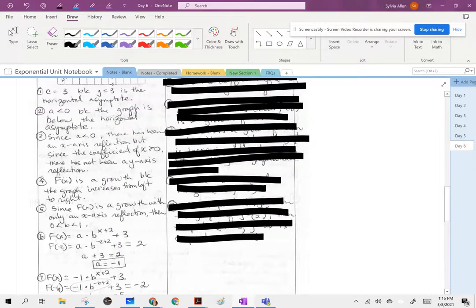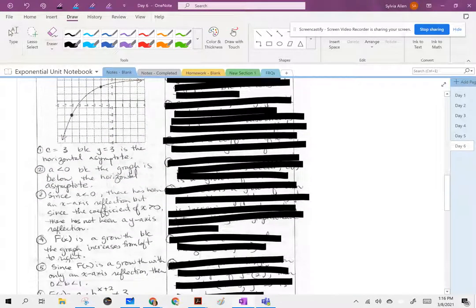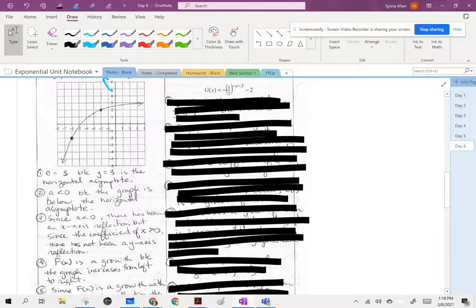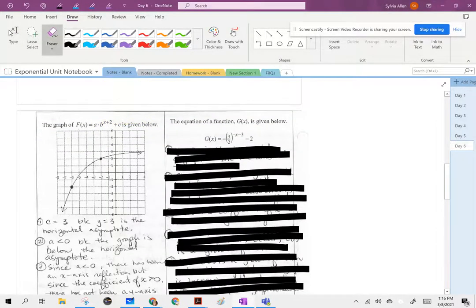Okay. So hopefully you were able to make at least those inferences. If I were to look at this, this is concave down, but increasing. It's increasing, but concave down.